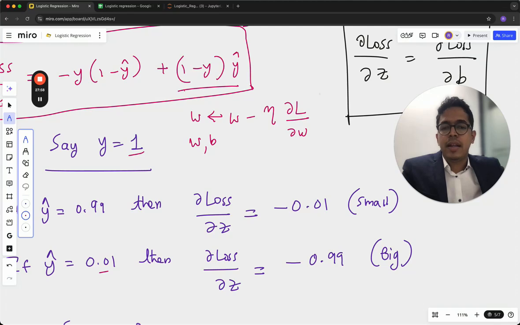Now you might be wondering, here we are calculating only ∂loss/∂z. We are not calculating ∂loss/∂w. So how come ∂loss/∂z's value being small affects ∂loss/∂w? Because they are directly related.